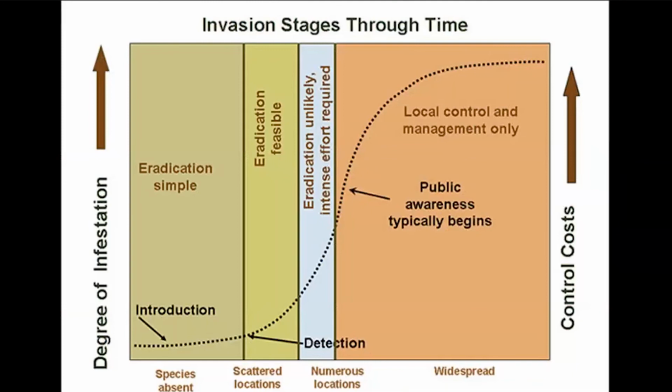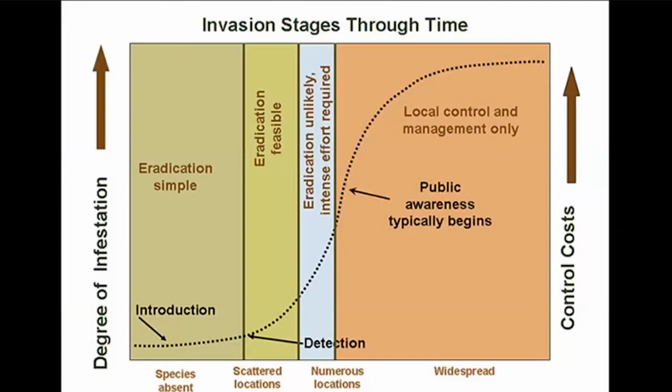So at that point, with low populations, maybe perhaps very little, if any, reproduction yet, there's an opportunity to actually eradicate it on the landscape where it's been introduced. And that's oftentimes the goal with newly introduced invasive species, is to try to detect them very early on and do an eradication process that eliminates the possibility for them to spread across the landscape and continue to cause huge problems.